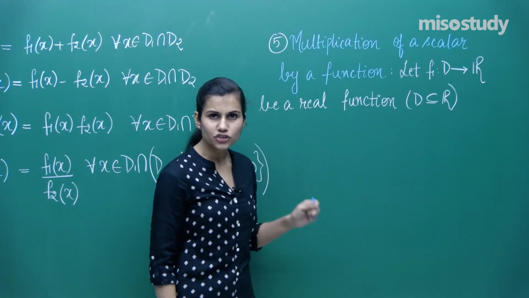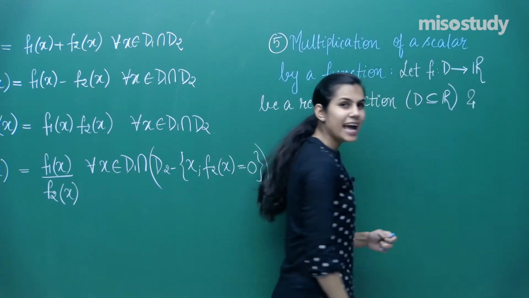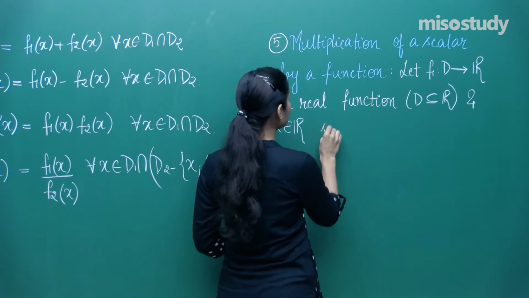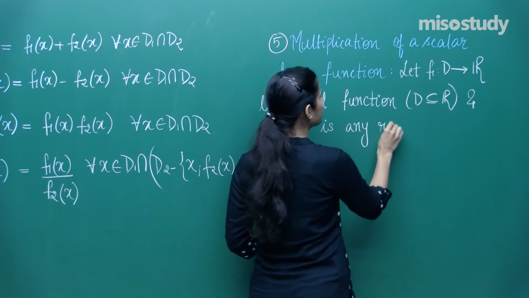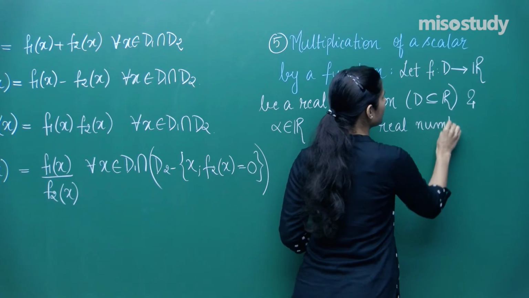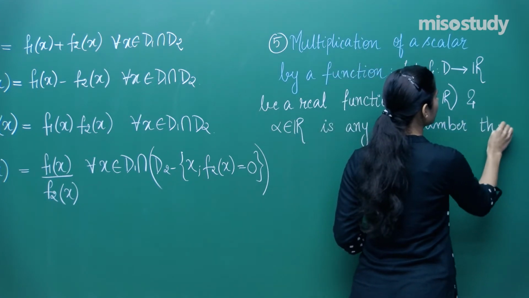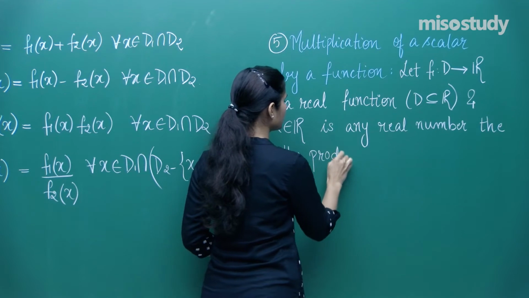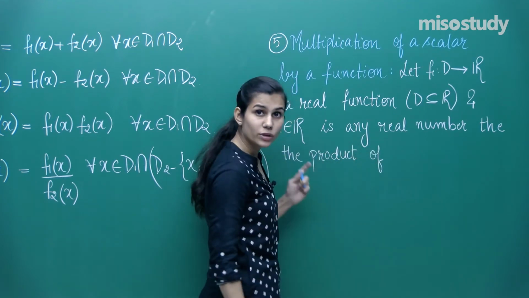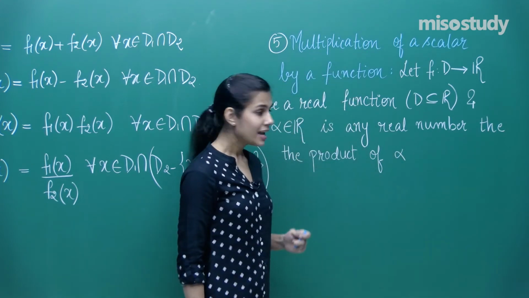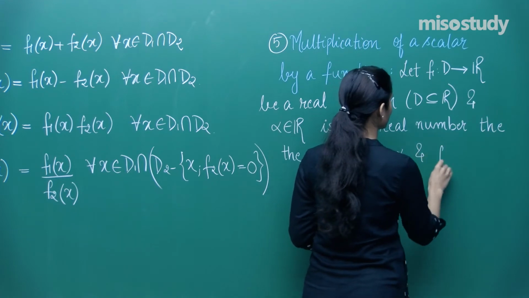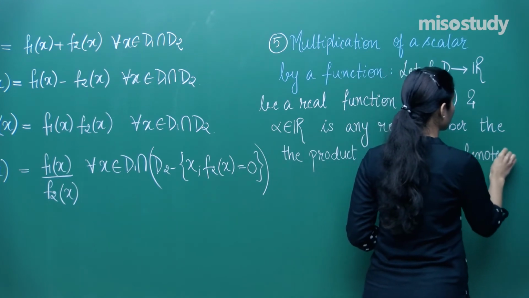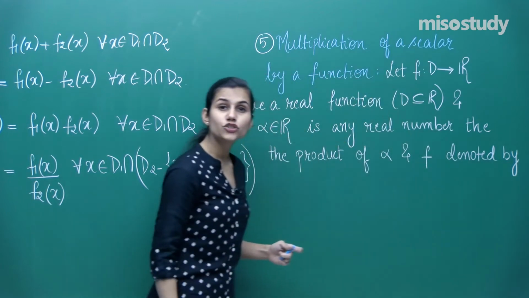If my f1 is a function from d to r and say alpha is any number, that means alpha belonging to r is any real number, then the product of alpha, which is this real number, and f1, denoted by alpha into f1.